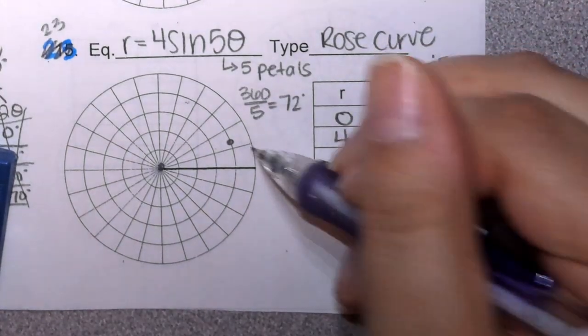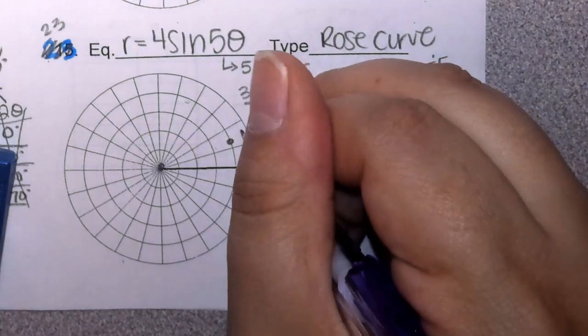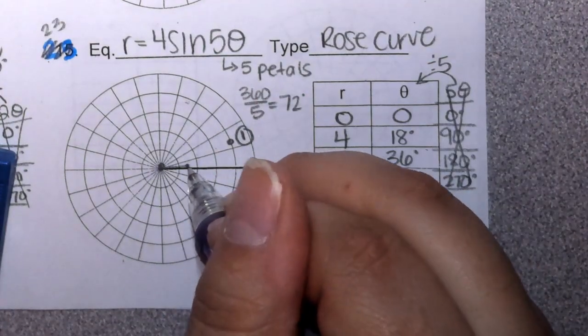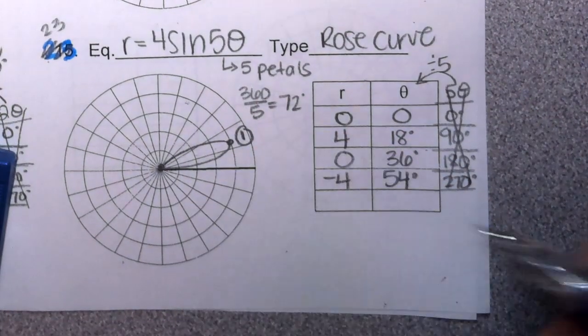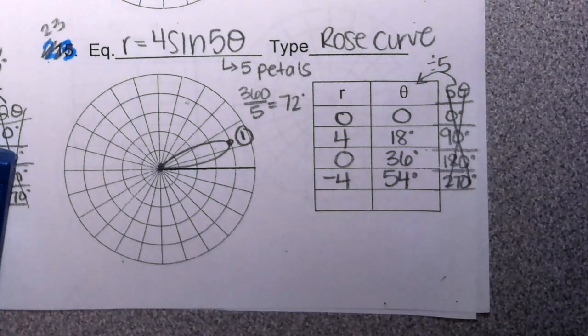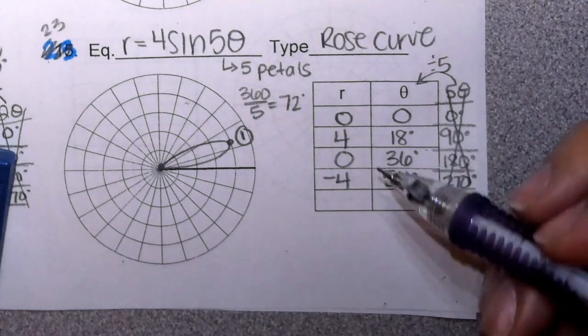That first one is 15 degrees, by the way. This is my first rose curve. It's going to make a full petal, because then at 36 it goes back to 0.